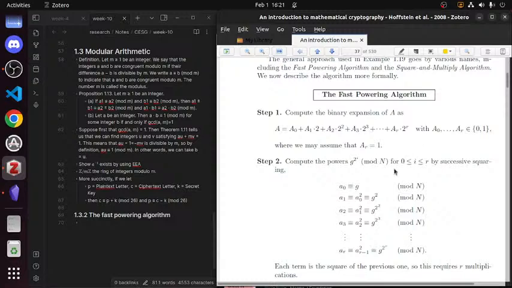Okay, and we assume that A_r equals 1. I don't even know what that means. Because you're saying A_0 to A_r are each 0 or 1, so they're just bits?